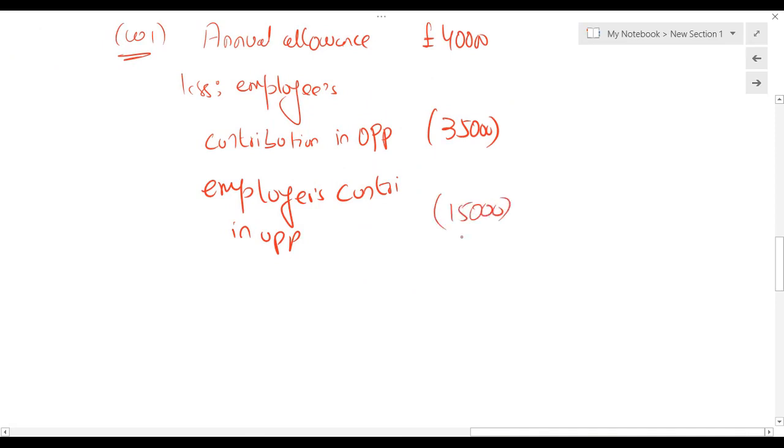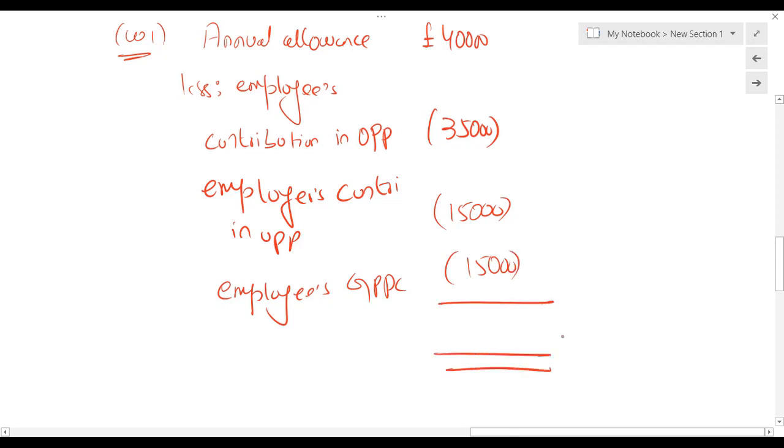And the employee's gross PPC contribution, which is 15 as well. So here comes the excess contribution, and the excess contribution is called annual allowance charge.